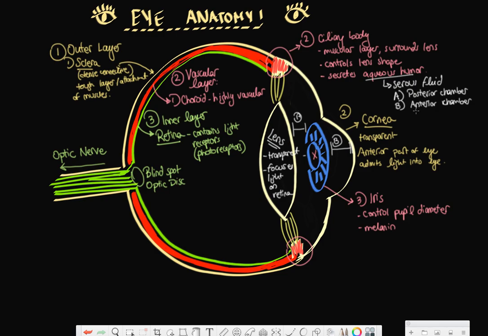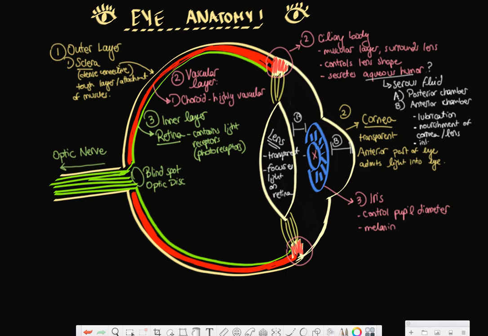So what does the aqueous humor do? It's responsible for lubrication of the eye. It's important for nourishment of the cornea, as well as the lens.